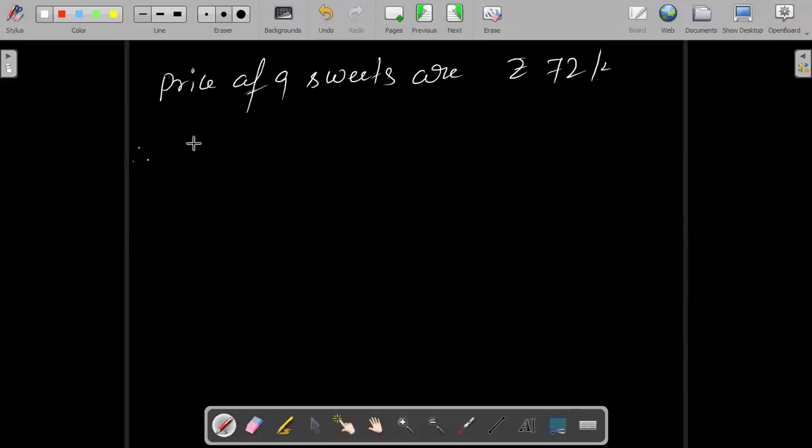Then I will have to find out the price of 1 sweet. So the price of 1 sweet, here do not put is, how much? Will it be more or less? The price of 1 sweet will be more than the 9 sweets or less than the 9 sweets? So if it is less, then what we have to do? We have to make division.